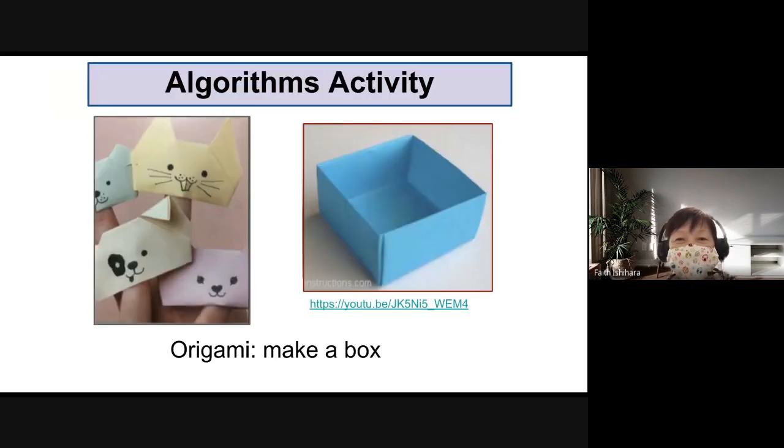And here's an algorithm example. We have fun with this, following the steps of origami to make a box. And my girlfriend was telling me that she asks her daughter what is the algorithm of folding clothes when they're folding clothes together. And her daughter will tell her, first you fold it in half, and then you fold it in quarters. It's kind of nice to hear little ones be able to think through that.